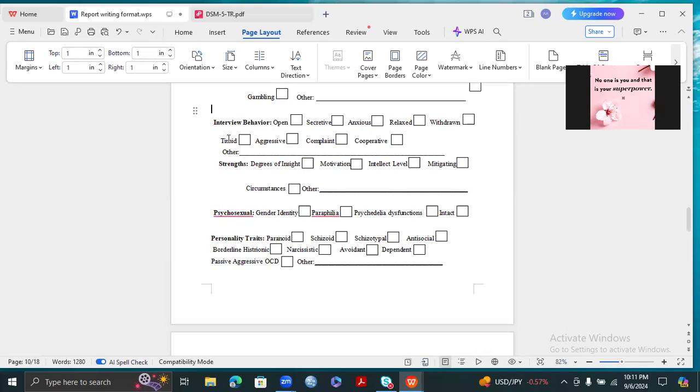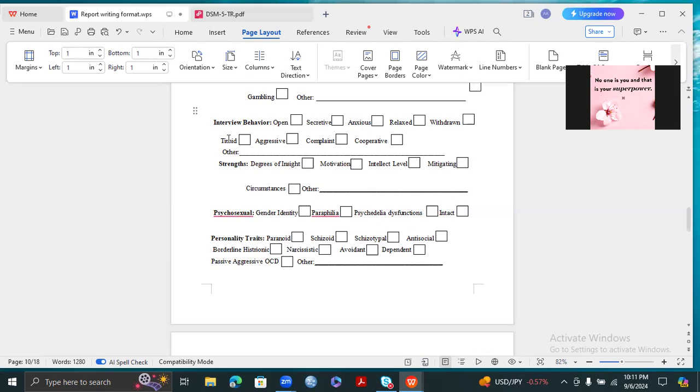Then comes identifying his strengths, all right, his degree of insight. Was the client a bit motivated? Did he have some kind of insight towards the problem he's facing right now? He knows that he's been admitted to this kind of psychiatric institute here, so what is the reason behind that? Does he know that he is having some kind of problem, or is he putting the whole scenario on others, saying they made me do this, they are responsible for that?